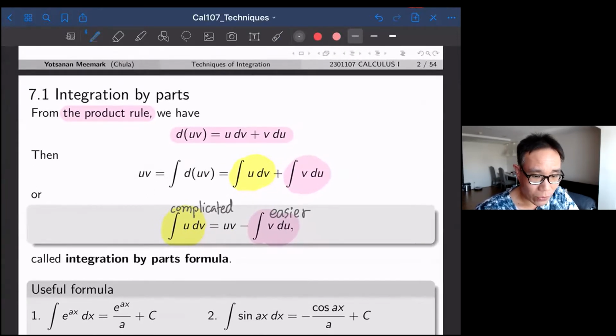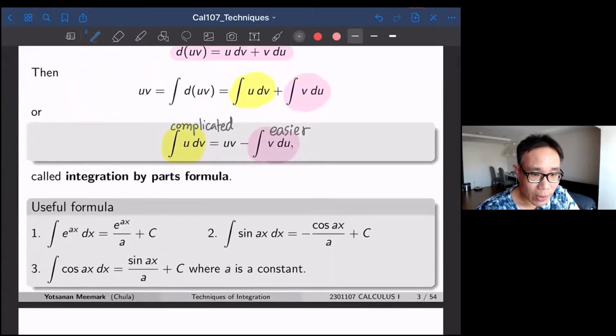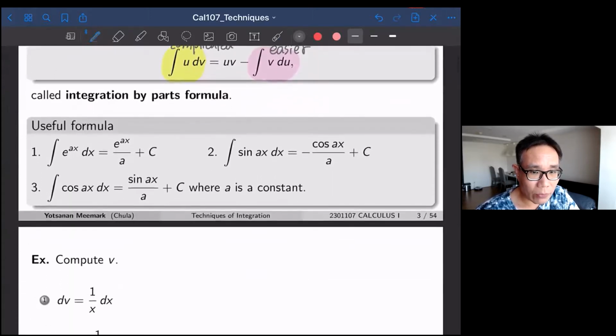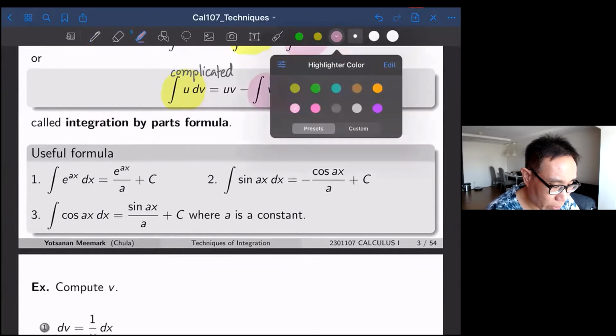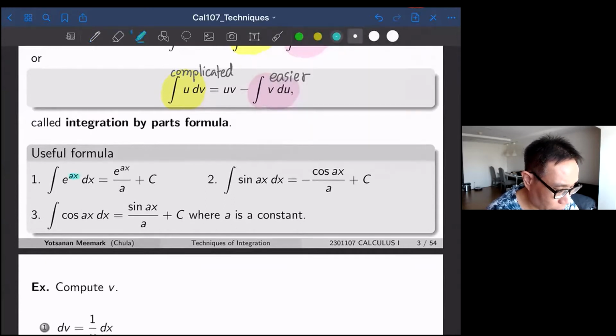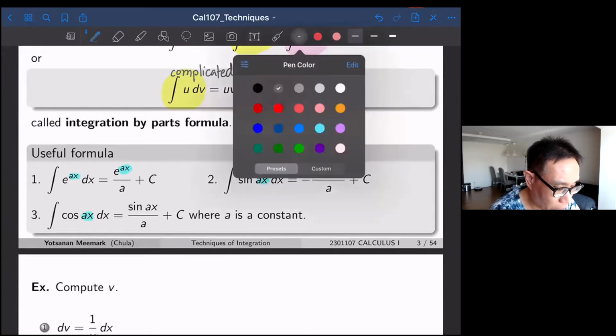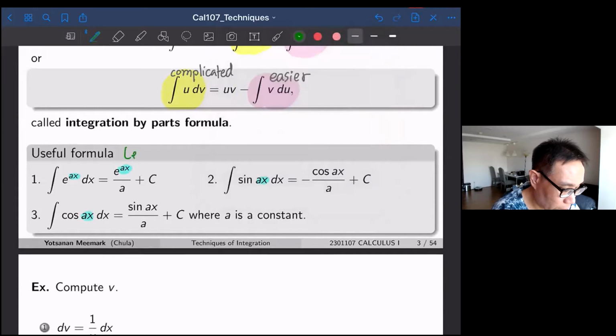When you do by parts, sometimes you're gonna have to deal with the integral of e to the ax, the integral of sine ax, and the integral of cosine ax throughout this chapter. So you may just use substitution, letting u be ax.